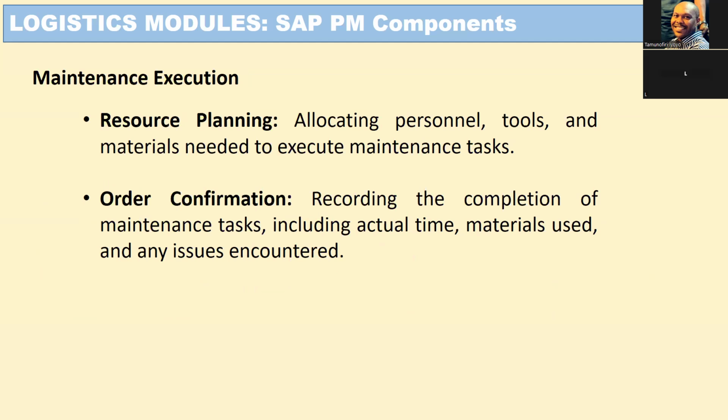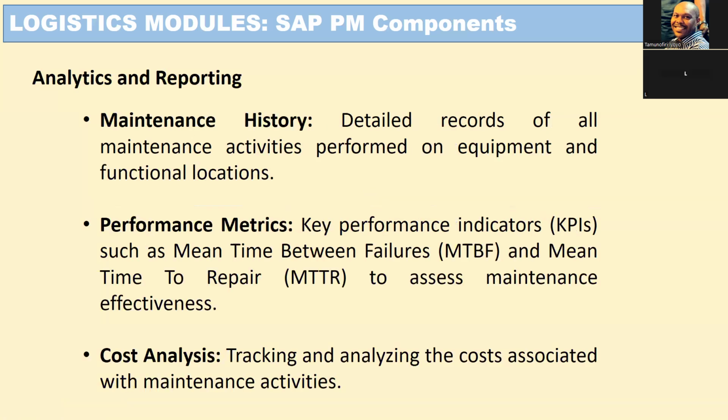One of the components as well is maintenance execution, where we have resource planning, the allocation of personnel, tools, and materials needed to execute maintenance tasks. We have the order confirmation, which is a record of the completion of the maintenance task, including actual time, the materials used, and any issues which may have been encountered.